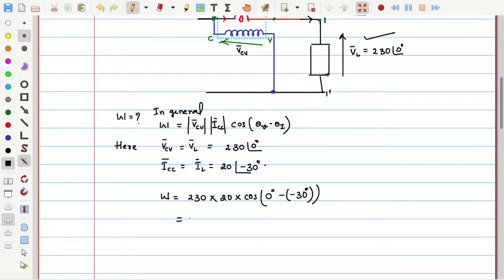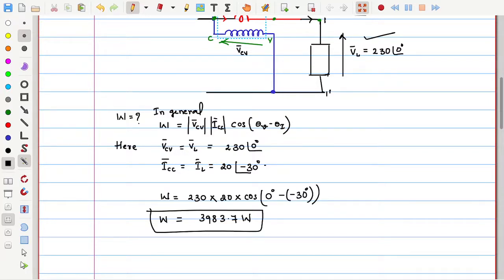Now simplify this and tell me the final answer. Let me calculate these values. So the wattmeter will give 3983.7 watts, which is the wattmeter reading here.